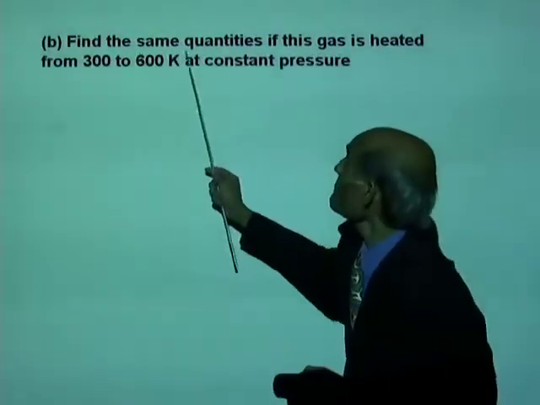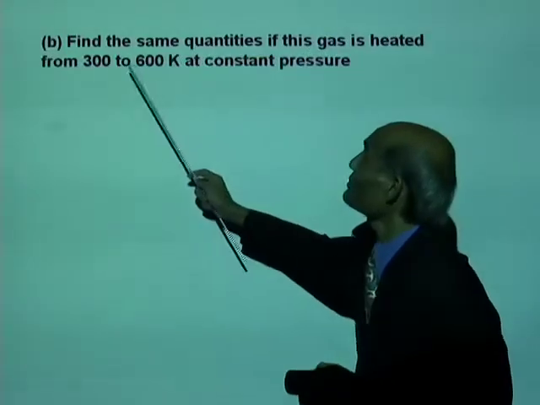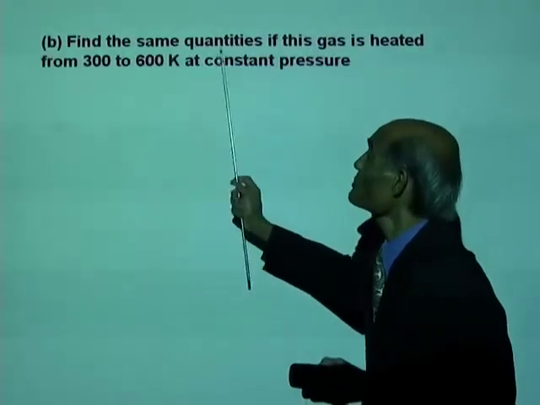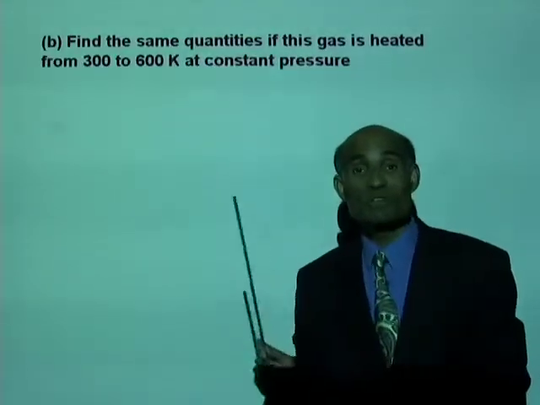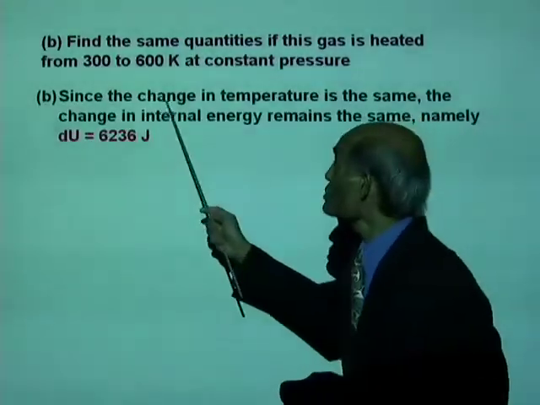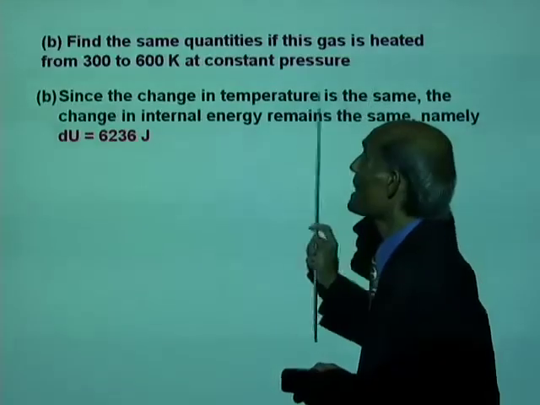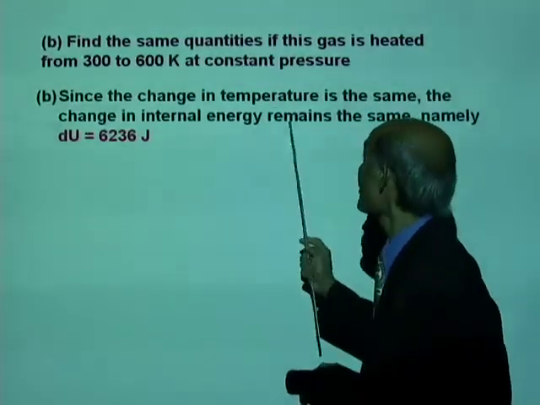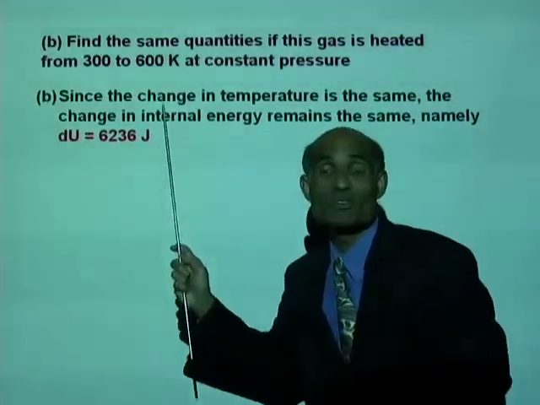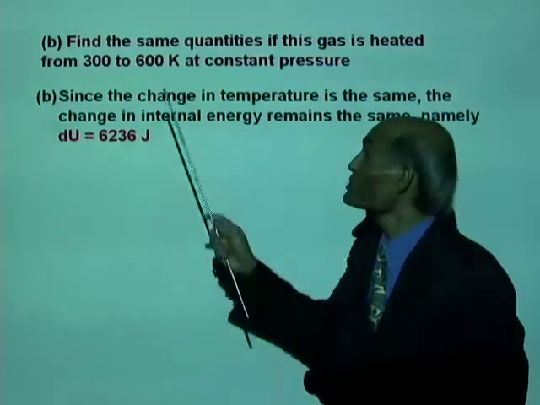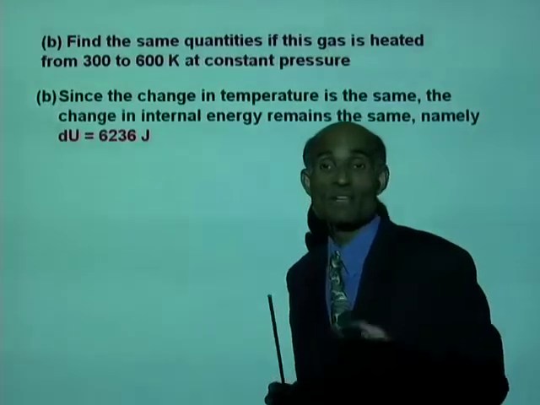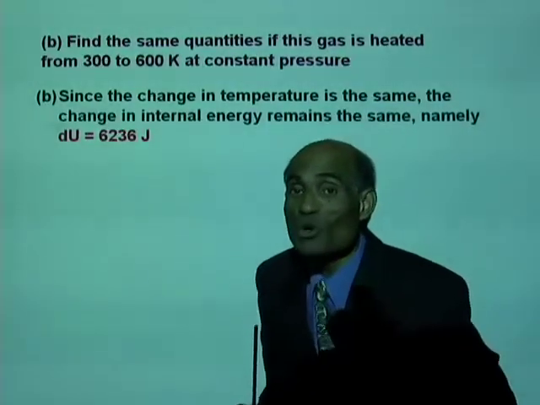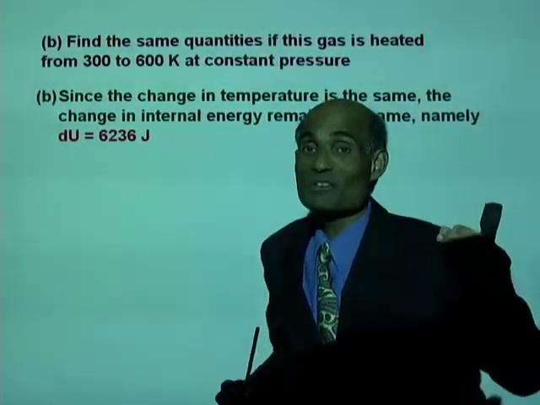Alright, find the same quantities if this gas is heated from 300 to 600 Kelvin at constant pressure. What is the difference? Since the change in temperature is the same, the change in internal energy remains the same. We don't need to go and calculate it again. The change in temperature is from 300 to 600. The internal energy is solely due to the change in temperature.